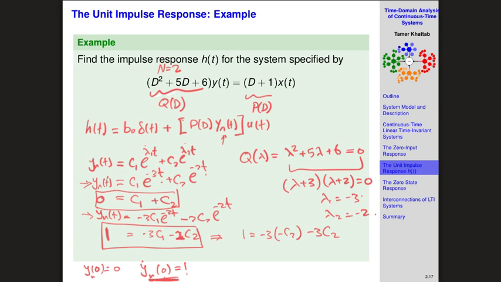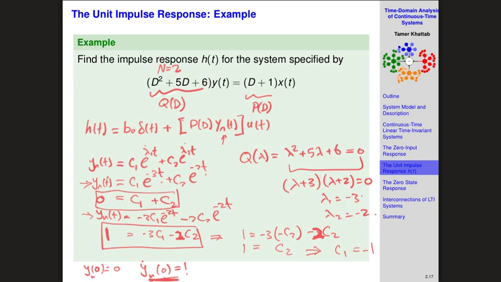Okay? So what's going to be the solution for c2? 1 minus 3 is plus, so that's plus 3 minus 2. Yes, exactly. So c2 is equal to 1. And then from that, c1 is equal to minus 1.